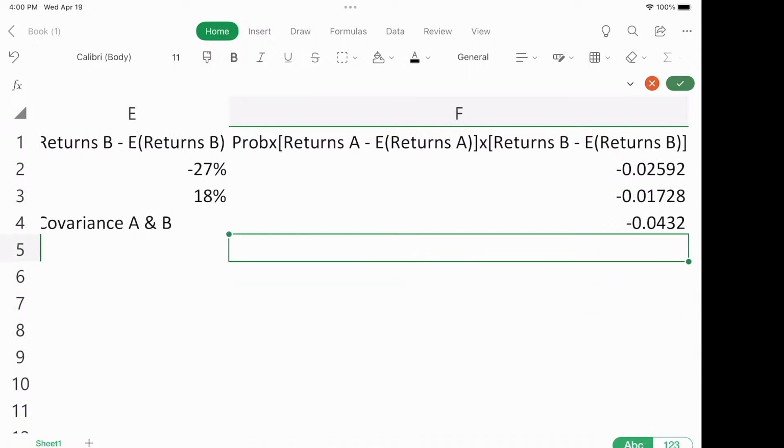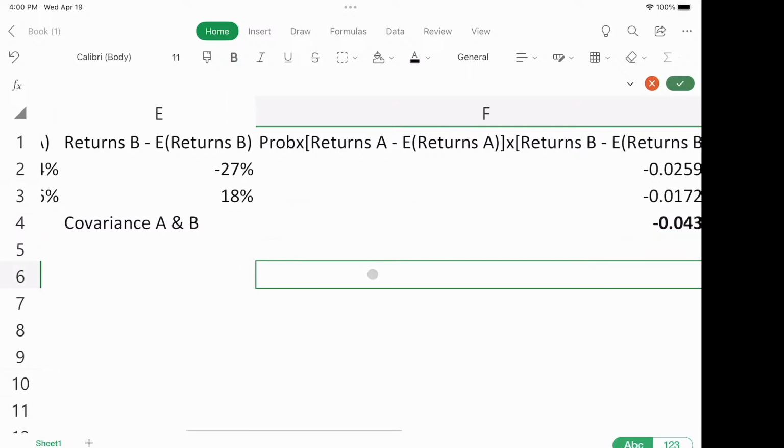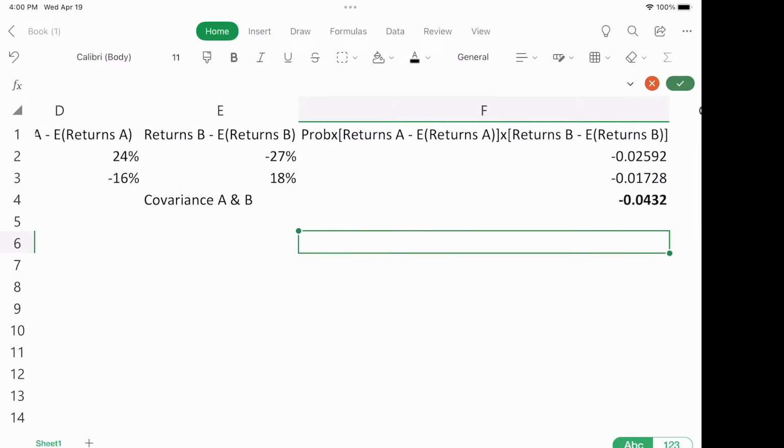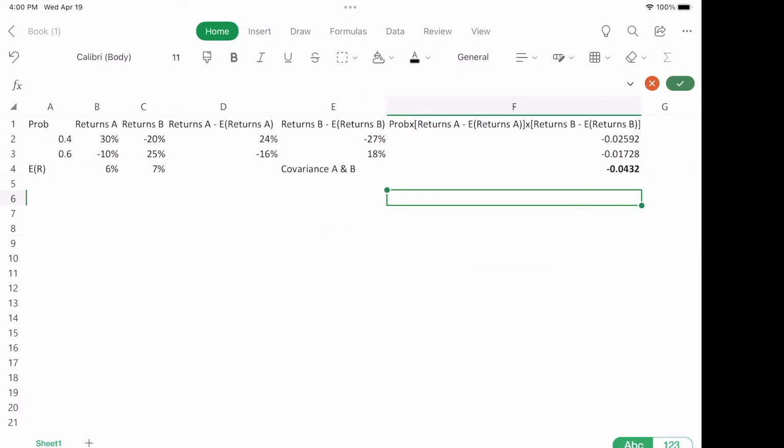And then I sum them to get the covariance of A and B. So you should be able to reproduce that and get that result.